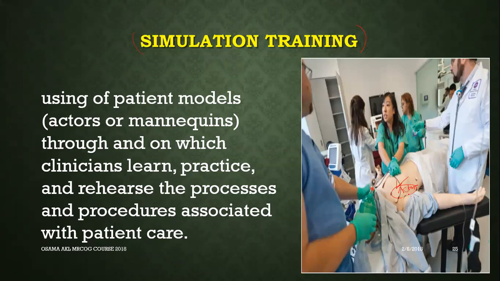An actor is acting as if she is a patient coming in labor. If there is an actor or actress or a simulator, it's simulation training. Of course, the presence of a simulator or actress is a keyword for simulation training.